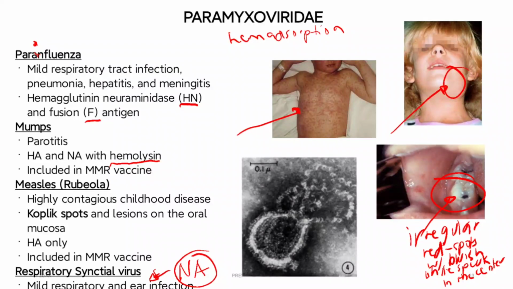Si mumps, meron siyang hemagglutinin antigen and neuraminidase antigen with hemolysin. Okay? Next, si measles or rubeola, hemagglutinin antigen lang. Si respiratory syncytial virus, neuraminidase antigen lang. Okay? So, yan yung kanilang mga pagkakatulad.